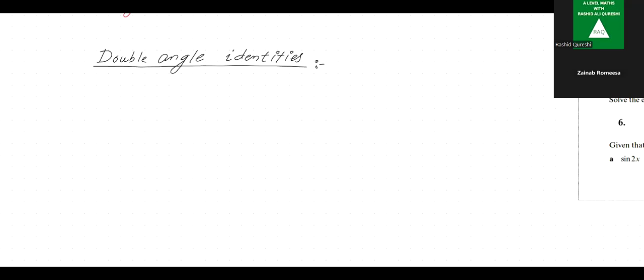As we know, we already have the first result, when I explain this one: sine of A plus B is equal to sine of A into cos of B plus cos of A sine of B. So to make the double angle identity, the proof of this identity is not in your syllabus, but I have to just replace.